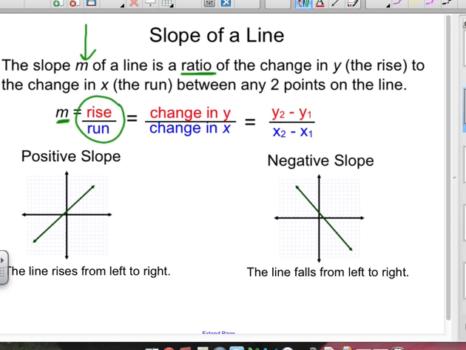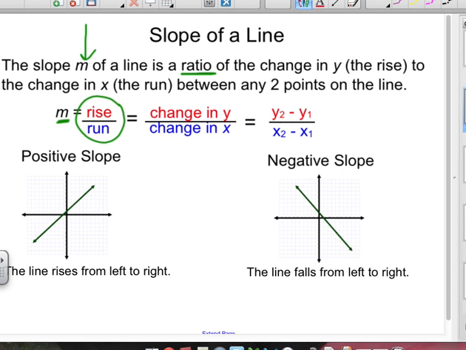It is also equal to the change in y values over the change in x values. We'll do that, I think, tomorrow. And then it is also equal to y2 minus y1 over x2 minus x1. And it really all means the same thing.